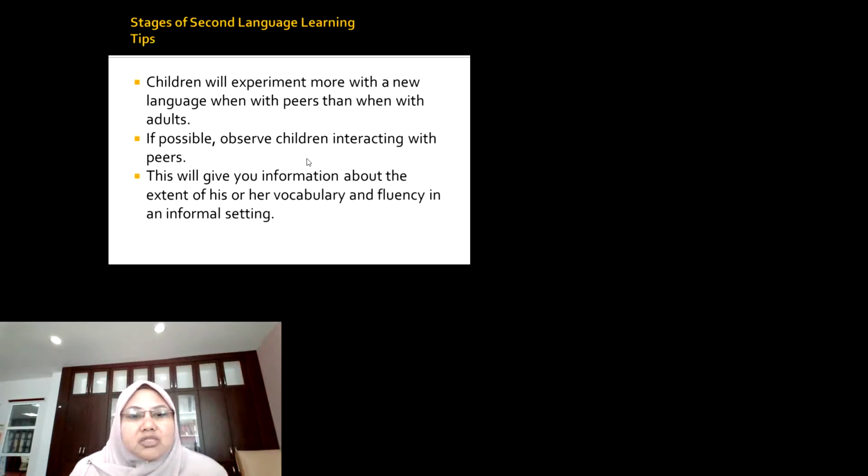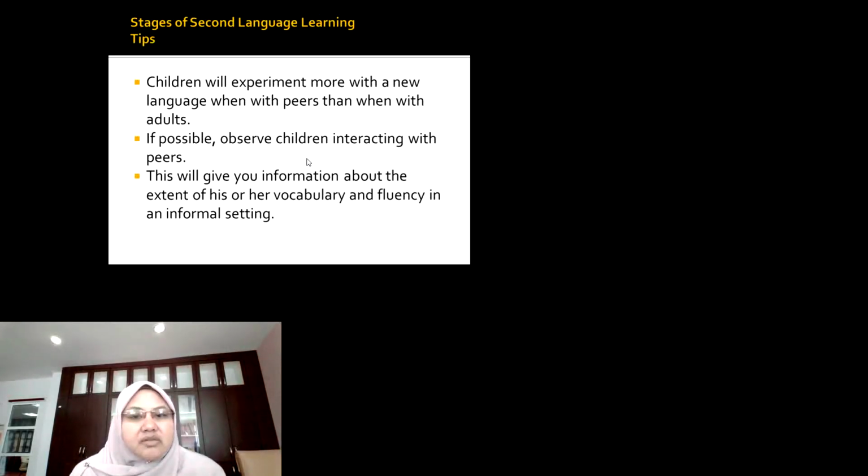And if possible, as a teacher, observe children interacting with peers. This is when you can actually know what scaffolding you can provide to the children. Are they not really sure of how to say it the right way in a certain situation? For example, if you observe them and they don't know what to say when their friends are disturbing them, this child needs to learn what to say in that situation.